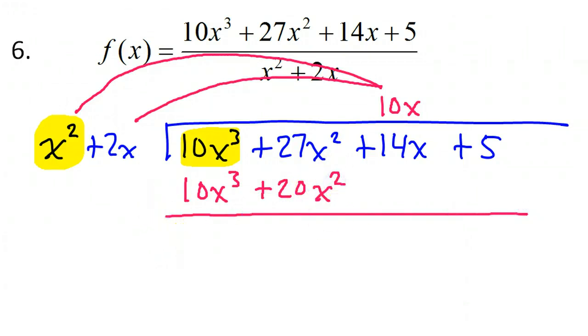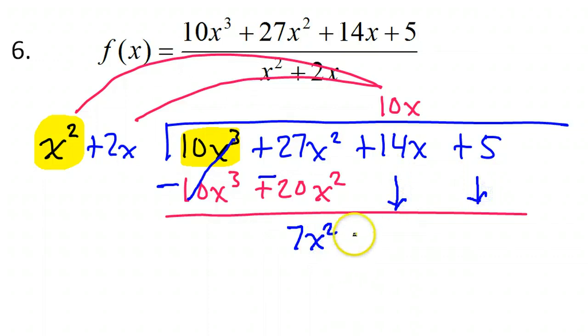You subtract by changing the sign, so this is going to become minus, and this will also become minus. Okay, so these will cancel out. 27 minus 20 is going to be 7x squared, and then I'll bring these down. So I'll have plus 14x plus 5.